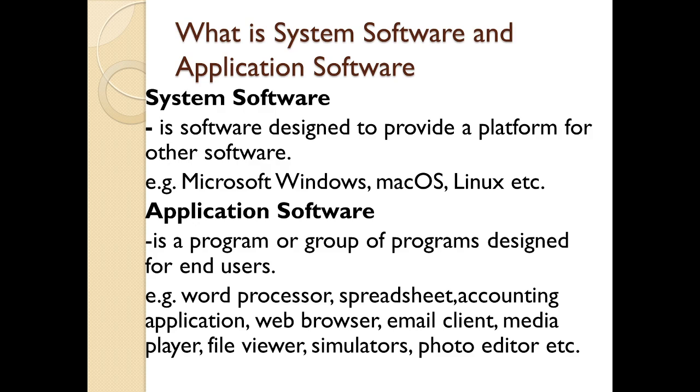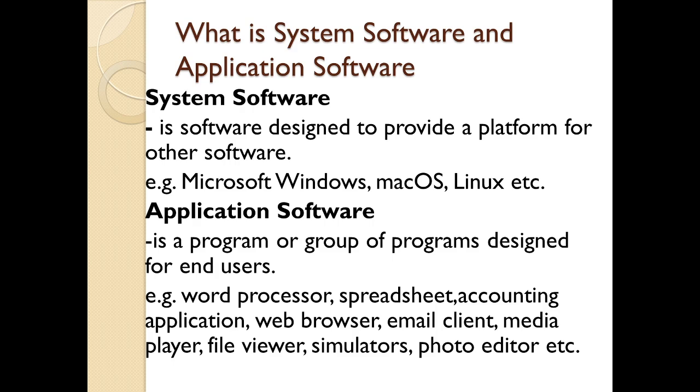What are system software and application software, which are related to system programming and the operating system? System software is software designed to provide a platform for other software. For example, Microsoft Windows, Mac OS, Linux, etc. These are system software. They provide a platform to other software, and those other software are called application software.